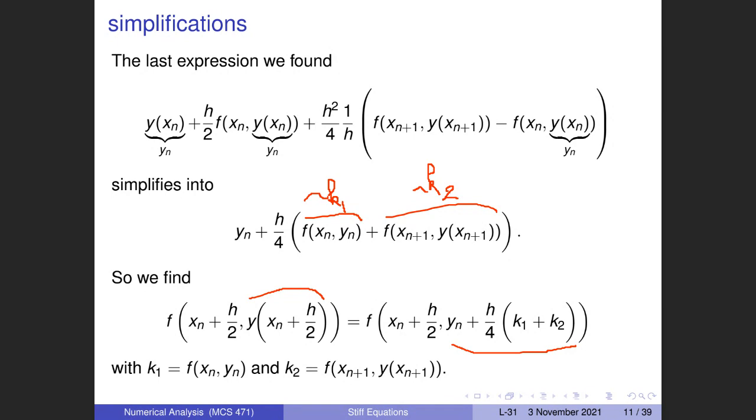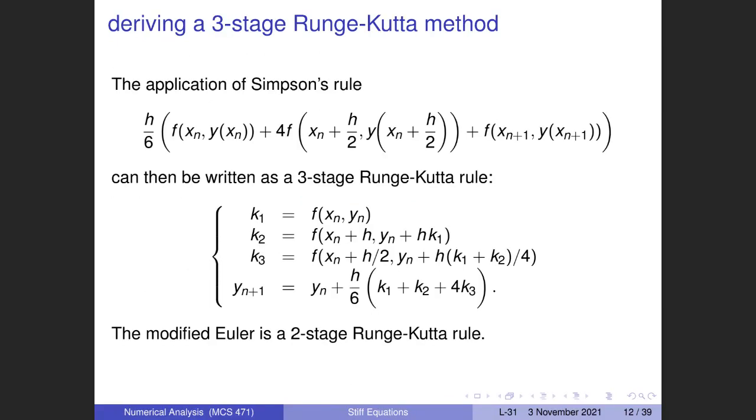All right, let's summarize. The application of Simpson's rule can now be reformulated as a three-stage Runge-Kutta method. The first two stages are the modified Euler.